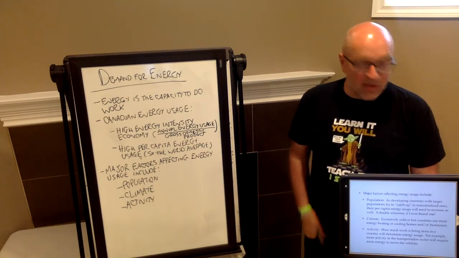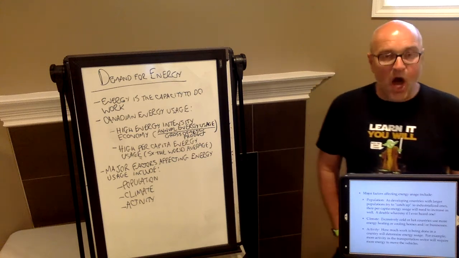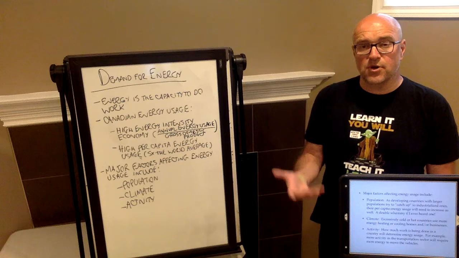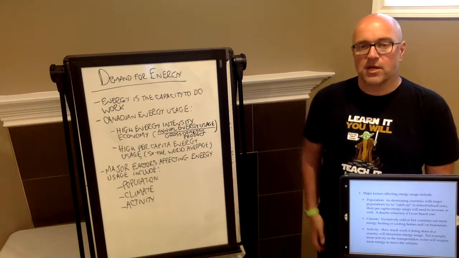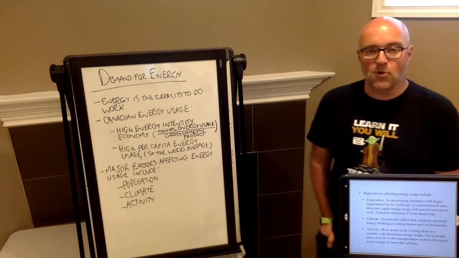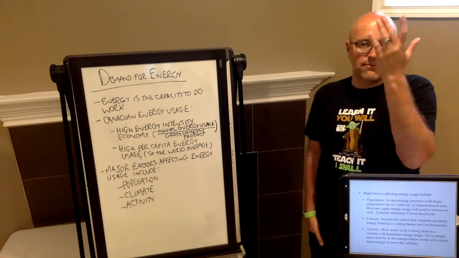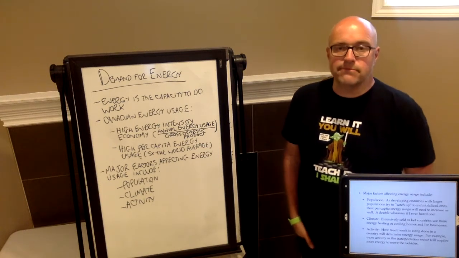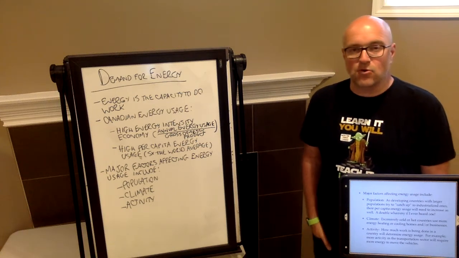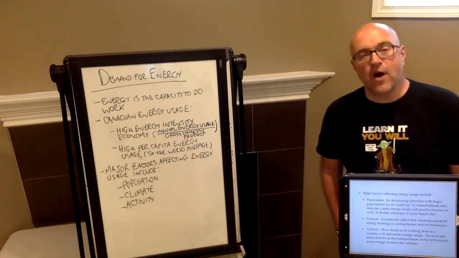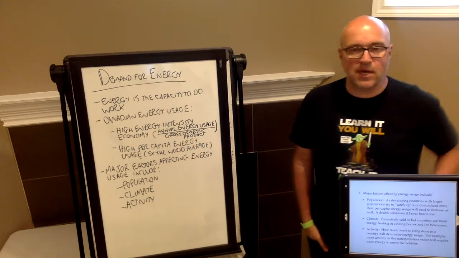We also have climate. Excessively hot or cold countries tend to use more energy to either heat or cool their homes. Canada is one of these countries up in the north, and we have to heat our homes for long periods of the year. Our heaters are on almost 9 months of the year sometimes, depending on how cool the springs are and how early the cold fall comes in, or the winter comes in at the end of the summer.